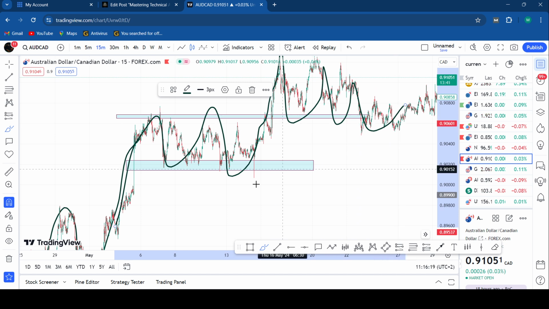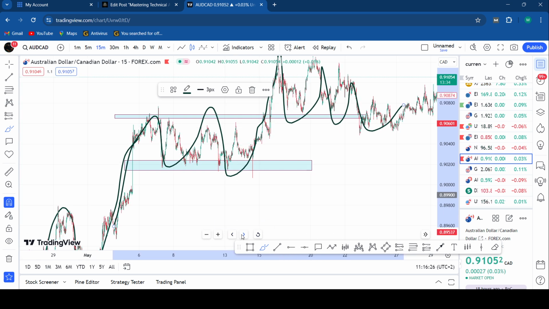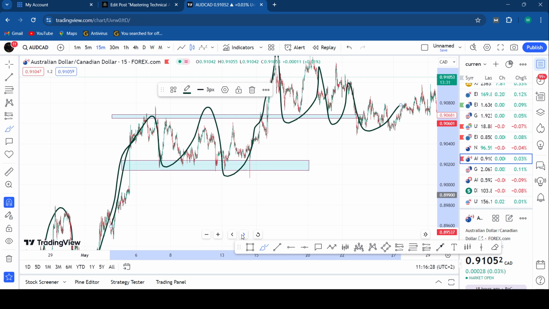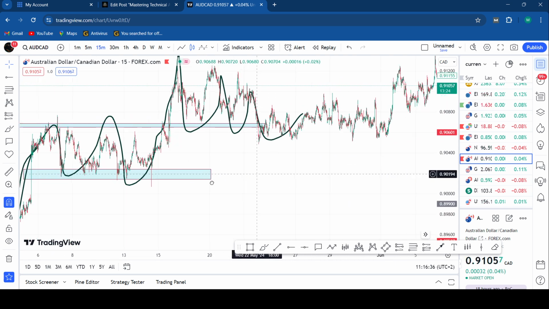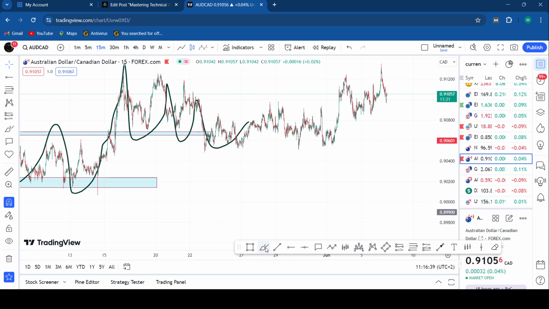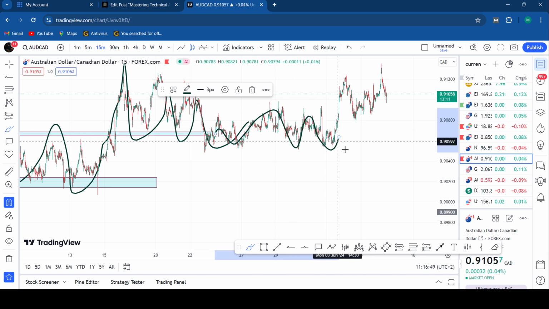So, what is the market doing? The market created pushes to the downside, impulse, correction, impulse, but it's consolidating within this, respecting the support channel over here, right?